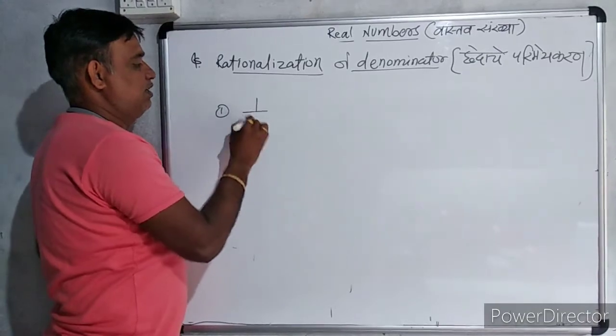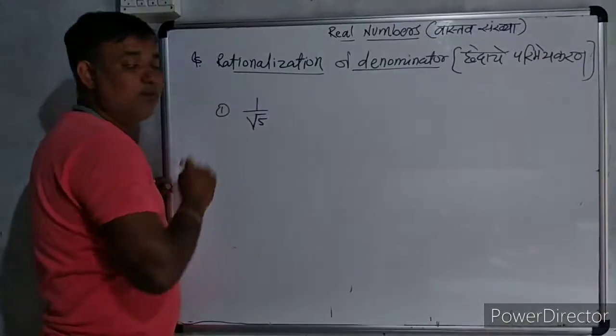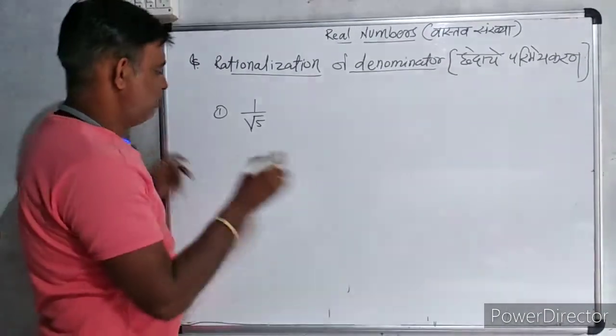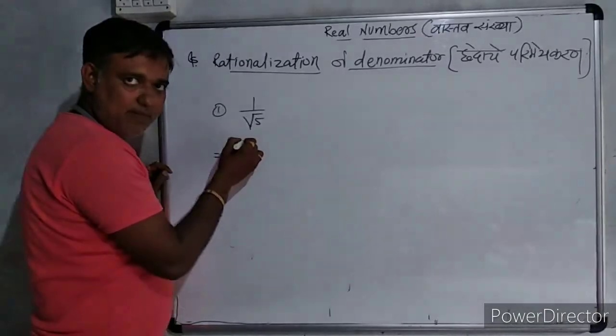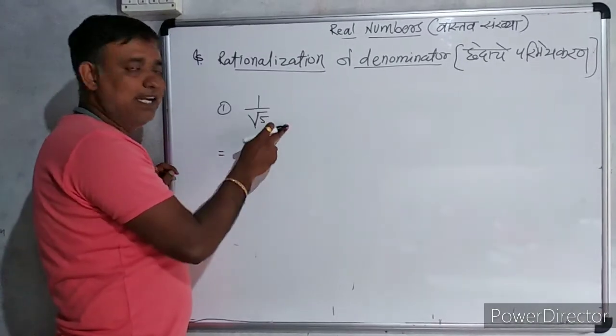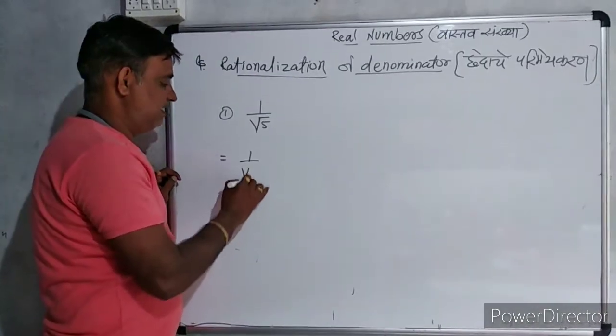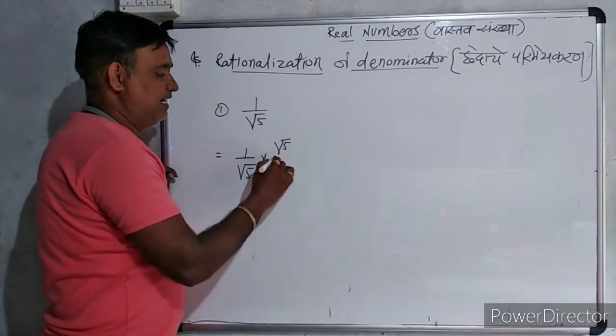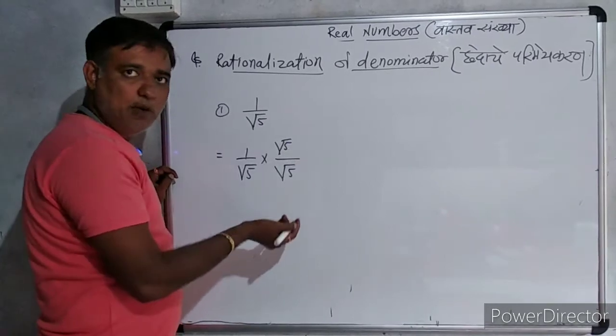First example, suppose 1 upon radicand 5. We have to rationalize the denominator. So if we have to solve examples like this, multiply by the rationalization factor on numerator and denominator. For example, 1 upon radicand 5 multiplied by radicand 5 at the numerator and radicand 5 at the denominator.